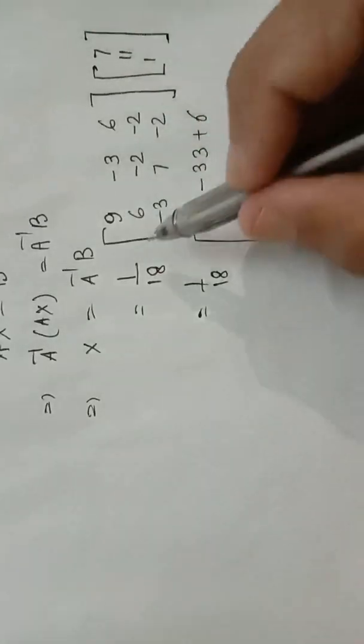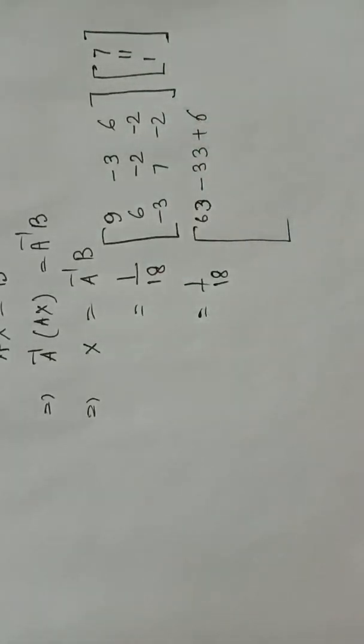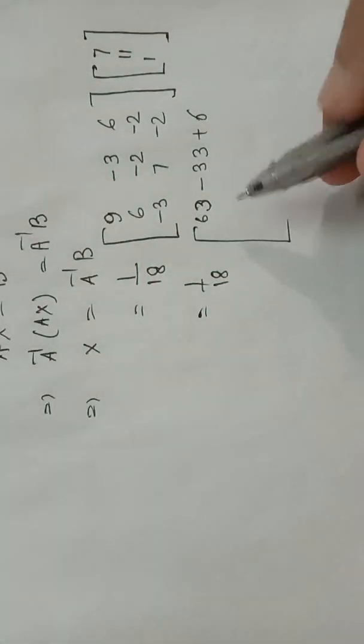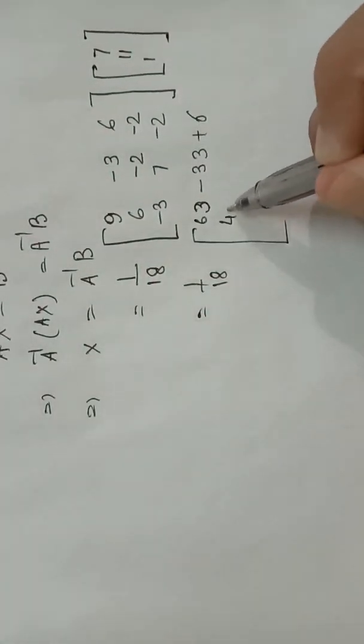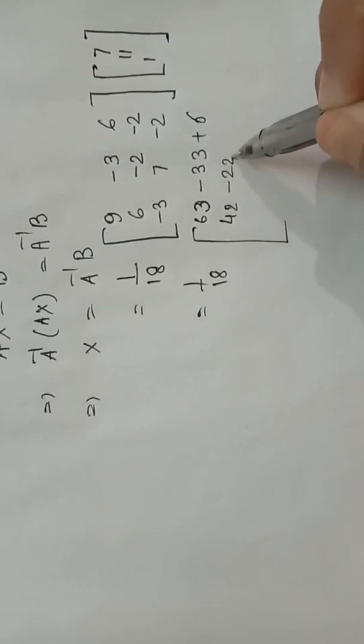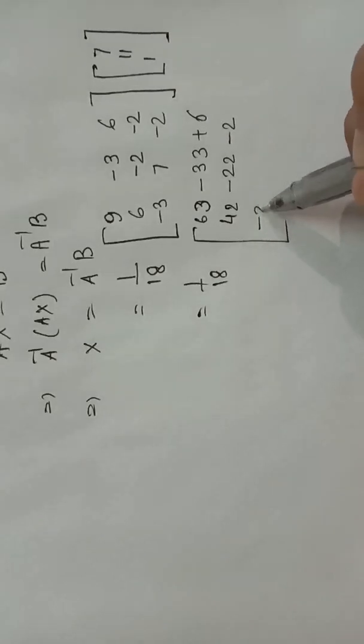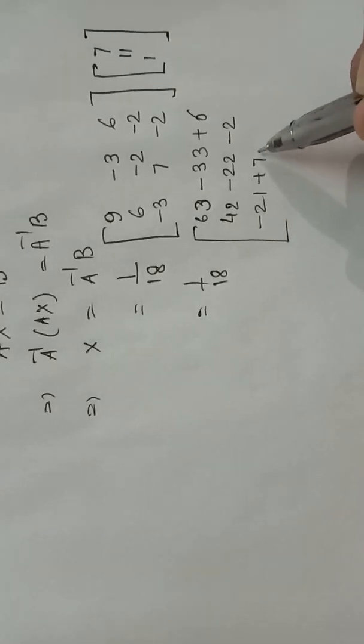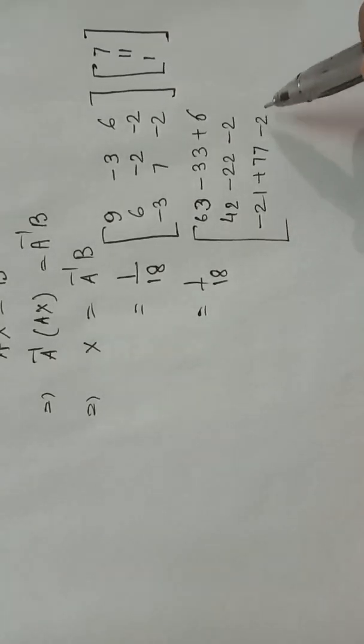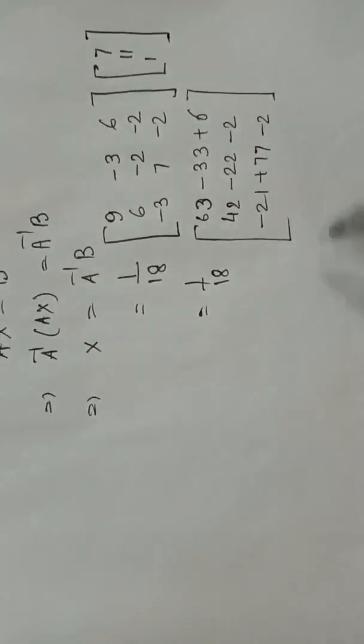Next, second row into first column, this will be 42 minus 22 and minus 2. Next, third row into the column, it will be minus 21 plus 77 minus 2.